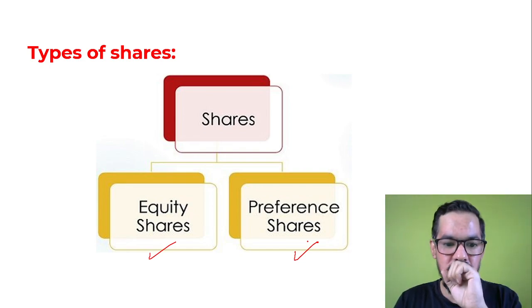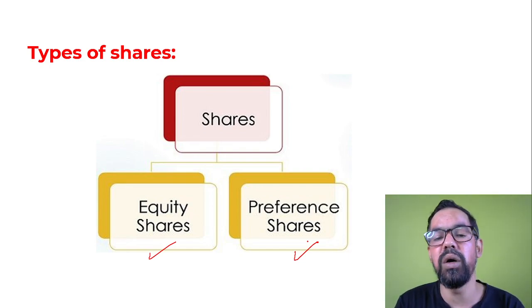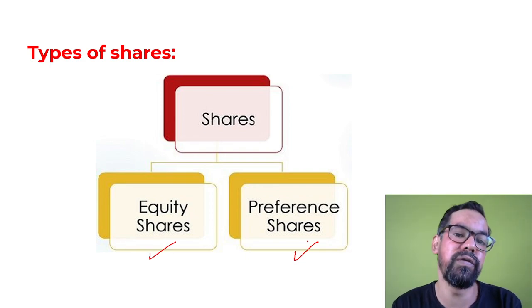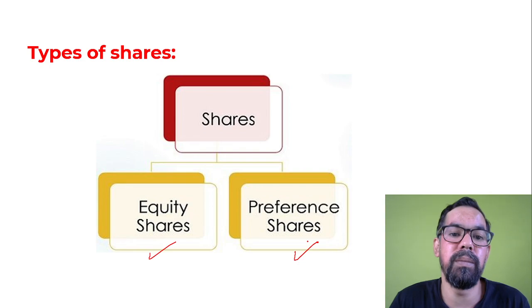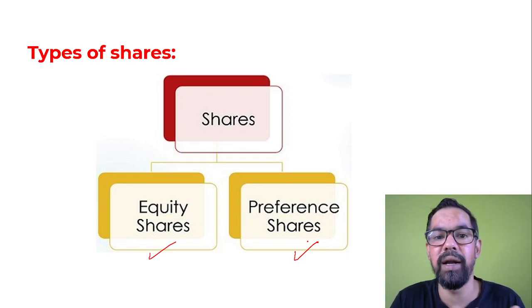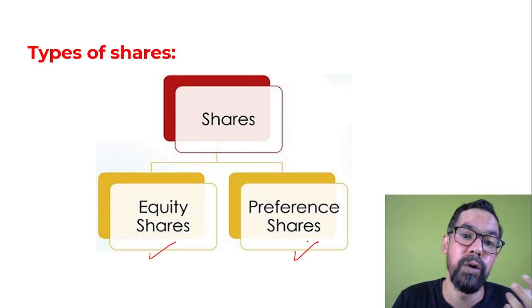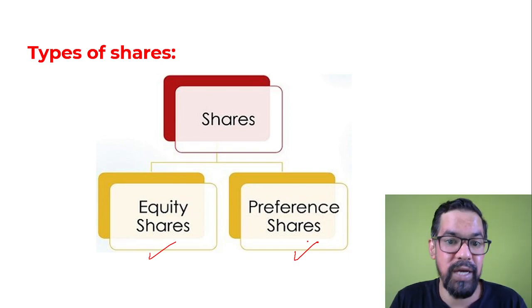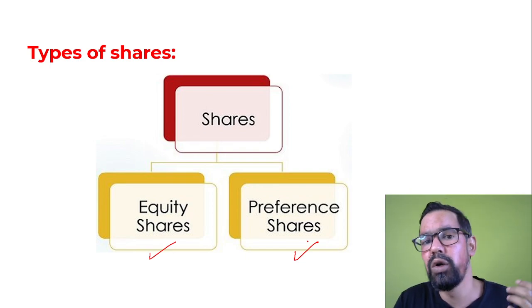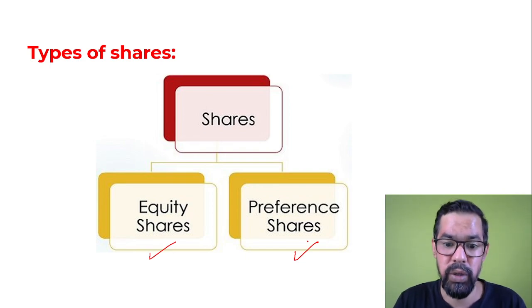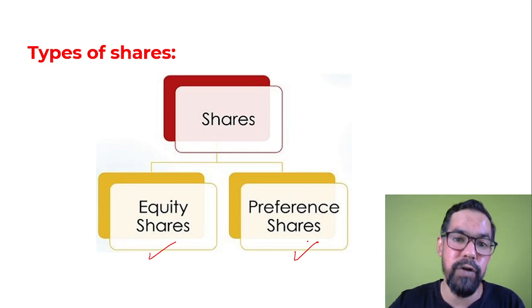The outcome of these shares depends totally on market conditions. If market conditions are favorable for that company, its share price will go up. If market conditions are adverse and the company is making losses, your share price will go down. Another type is preference shares.